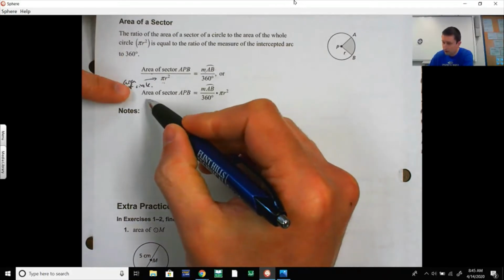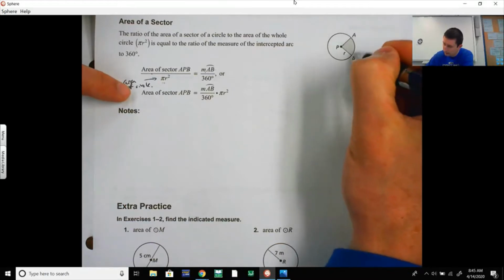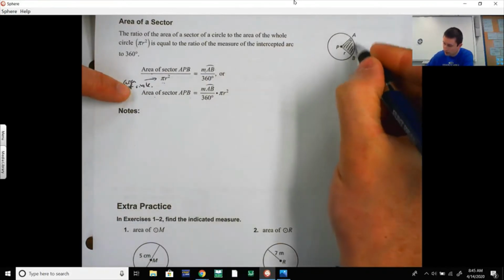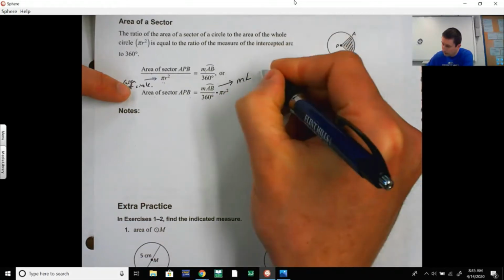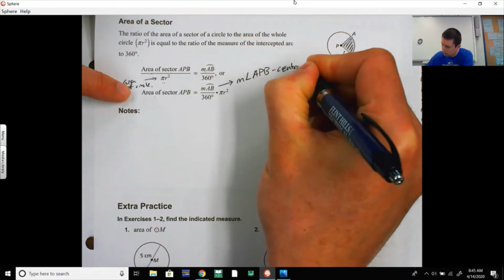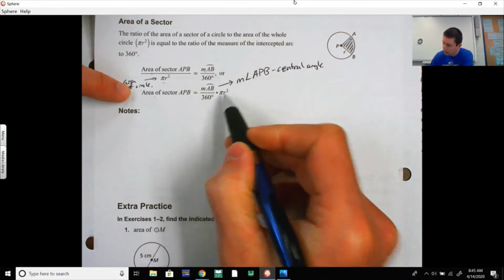Or the area of the sector APB. Notice how they label it, APB. They're talking about this area right here. Area of sector APB equals the measure of the arc AB, which is the same as the measure of angle APB, your central angle, over 360 times pi r squared.